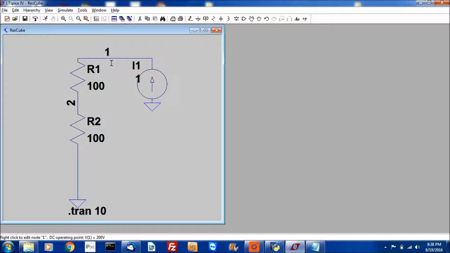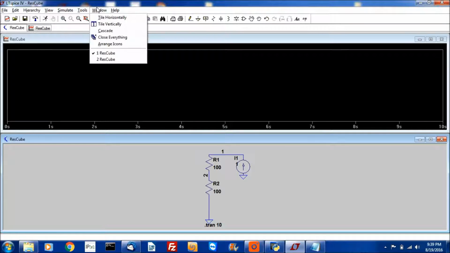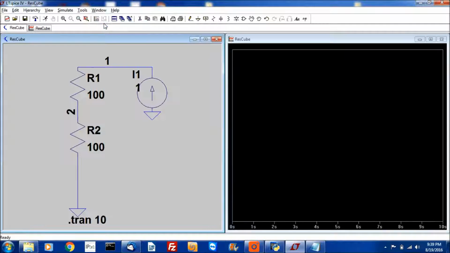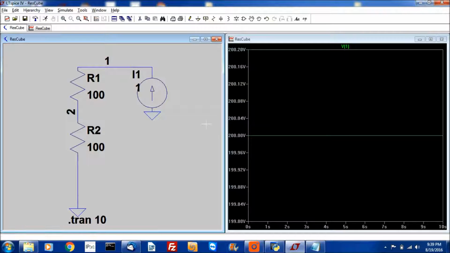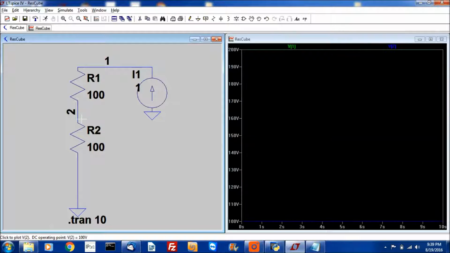So my current is 1 amp and there are two resistors here, so that would be 200, adding both the resistors. So if I measure the voltage here, that is 200 volts as expected, and the voltage at the middle node should be 100 because there is R2 resistor, only one resistor is connected at that end.